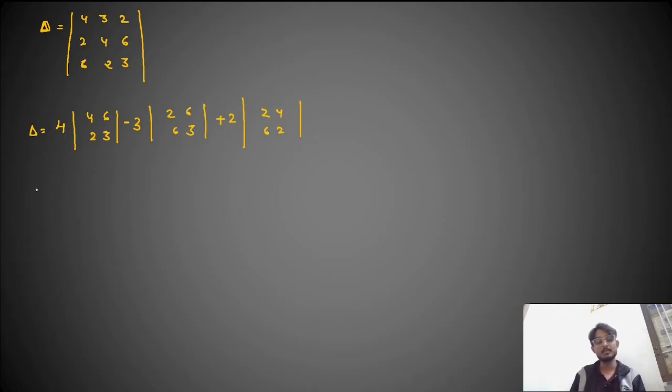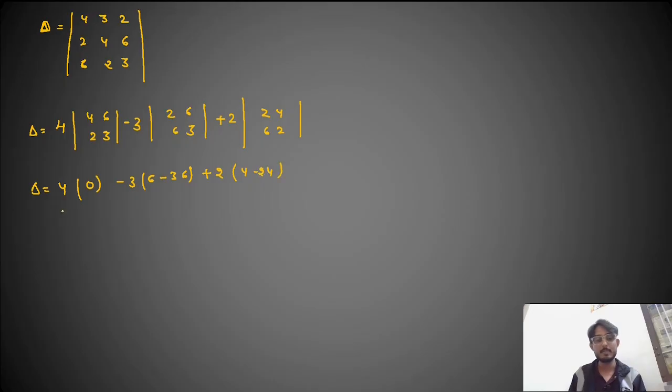So your answer is delta equal to 4 into (4 3 is 12, 6 2 is 12), so you will get 0. -3 into (3 2 is 6, 6 6 is 18, 6 6 are 36). Plus 2 into (2 2 is 4 and 4 6 are 24), 4 minus 24.